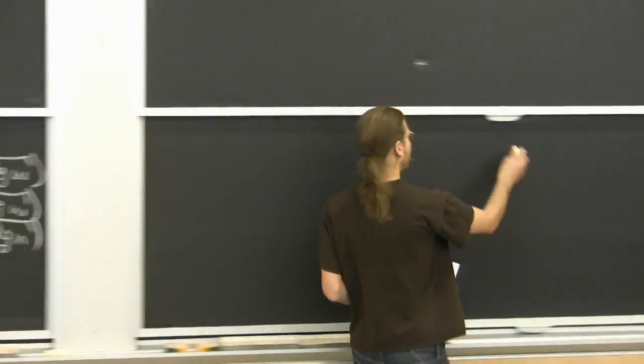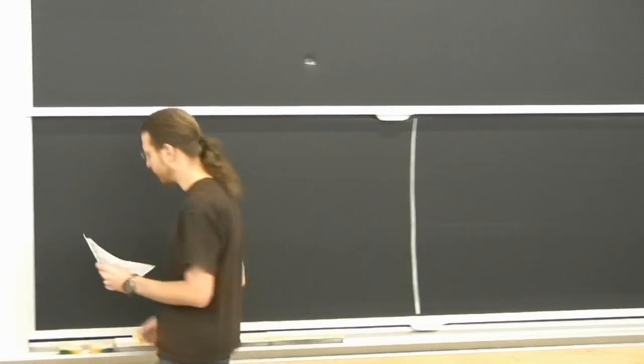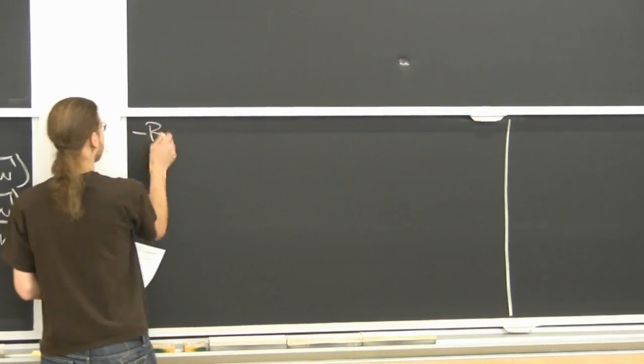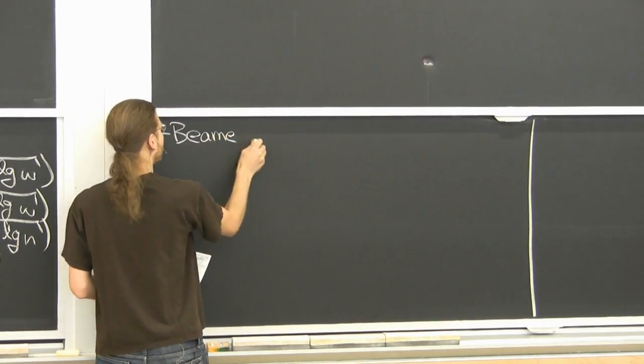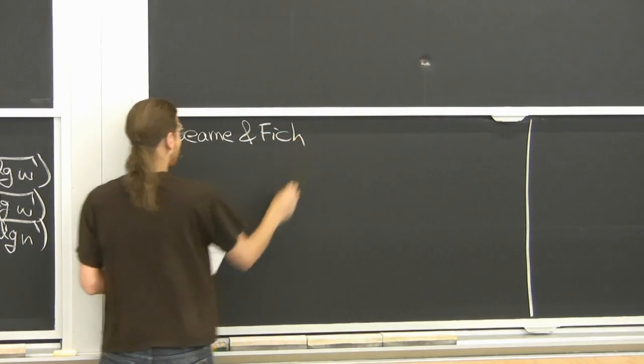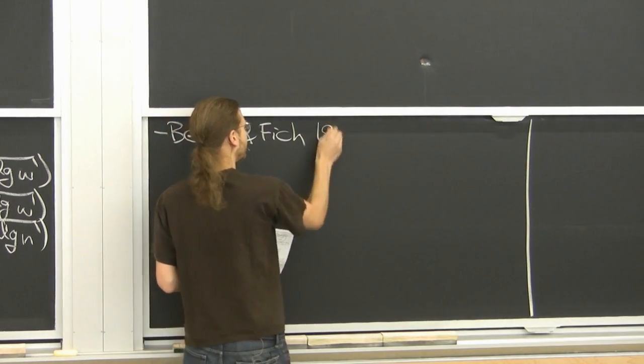Next we have Demaine and Fick. This now is about the time when I entered the world of data structures. And so Demaine and Fick was the state of the art, or came out just when I was starting, 1999.